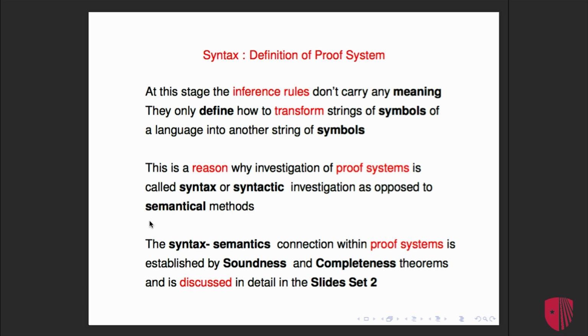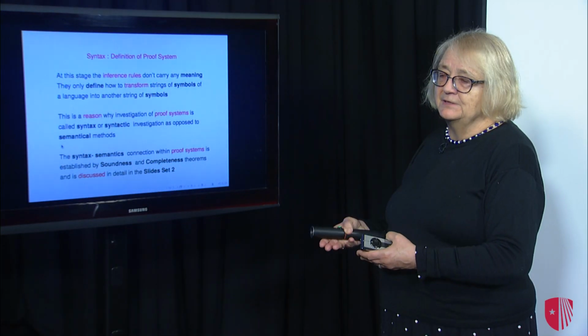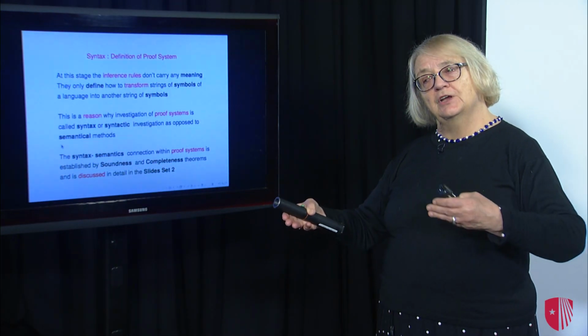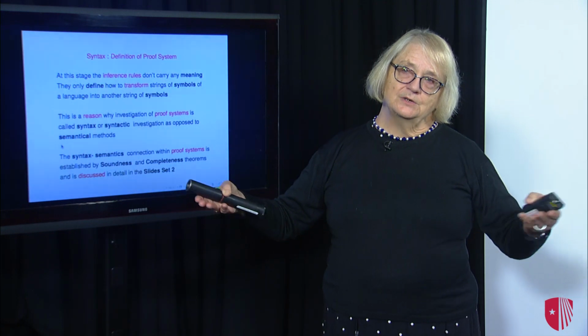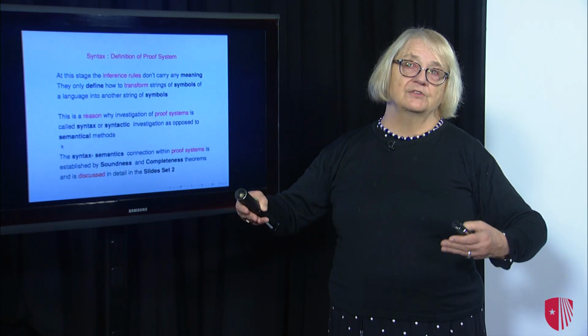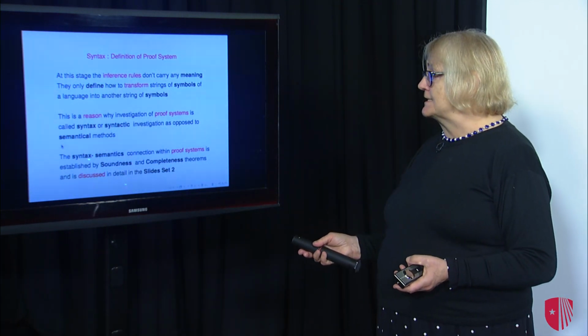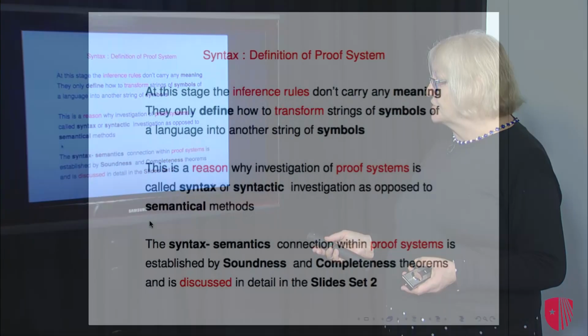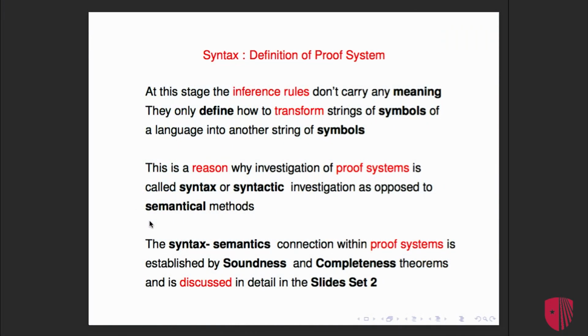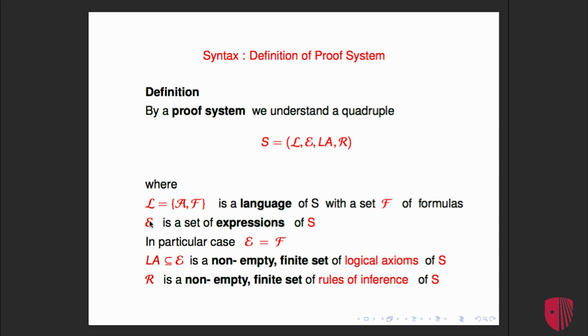So now we talk only about symbols and how we change one set of symbols into others following certain rules. Of course, the syntax-semantics connection within a proof system is established by soundness and completeness, and we'll discuss it later.